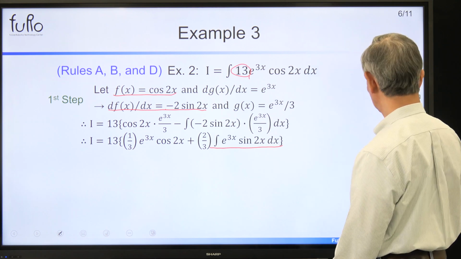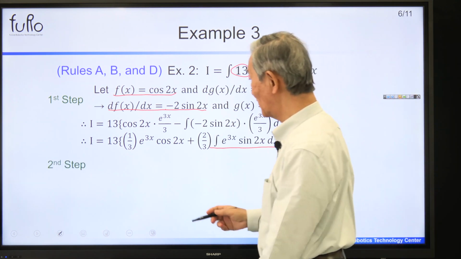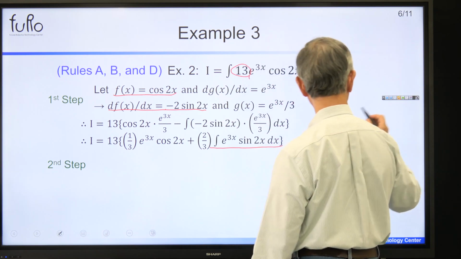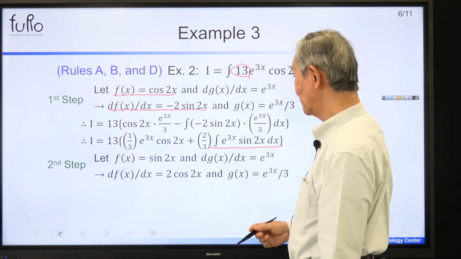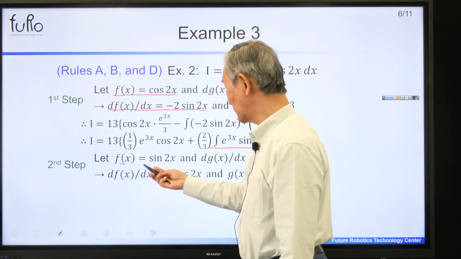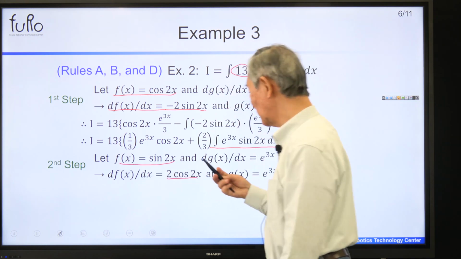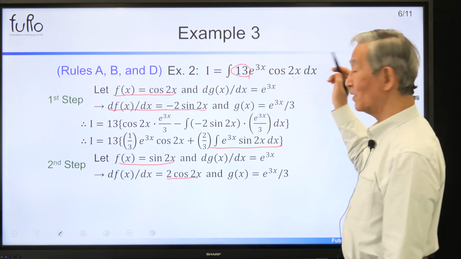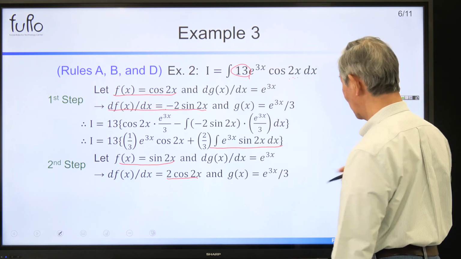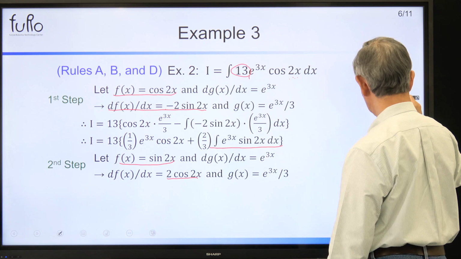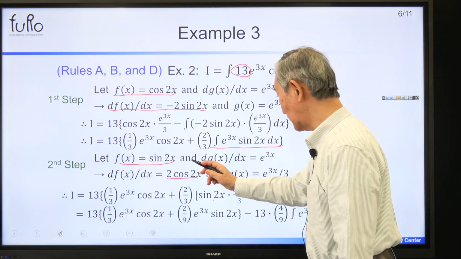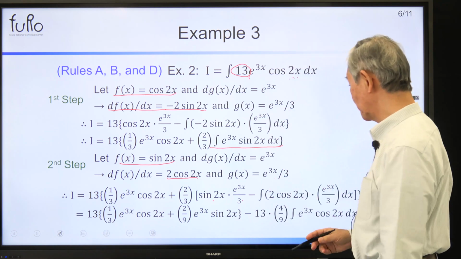Oh, okay. So if in the second step, if we do pretty much the same thing, f(x) equals sine 2x, then you get cosine 2x. Go back to the original one. Okay. And the exponential doesn't change at all. So if you do that, you got this one here, the sines, and this one here.